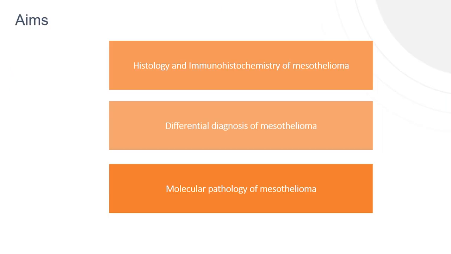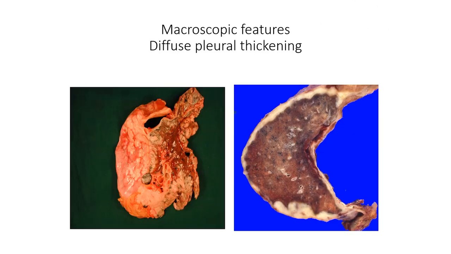So if we have made a diagnosis of malignancy, we can then move on to the differential diagnosis. Morphology: although most mesotheliomas are diffuse and most other diseases are more localized, here we have a mesothelioma, here we have a metastatic teratoma.